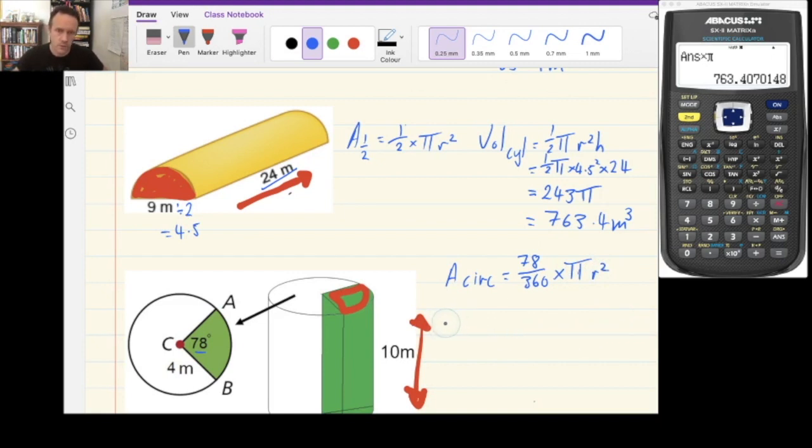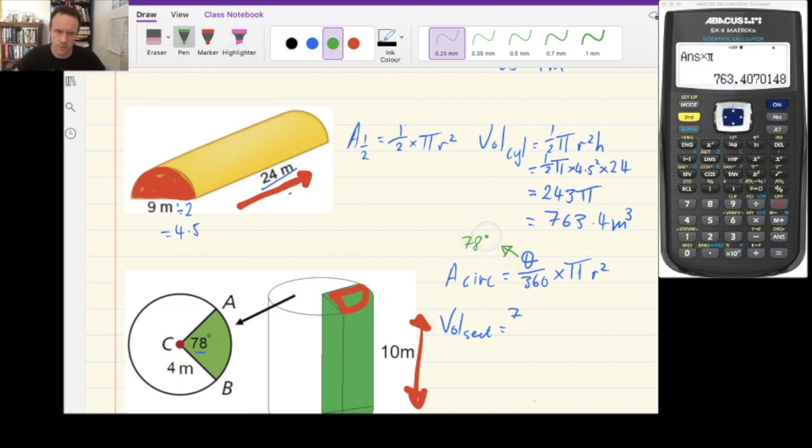Now, the volume of the sector is equal to the same as we've done before. Hopefully we can catch on. We're just going to add an h to the end of our equation. So I'm going to change this one just here to theta, and then we will replace theta this time with 78.